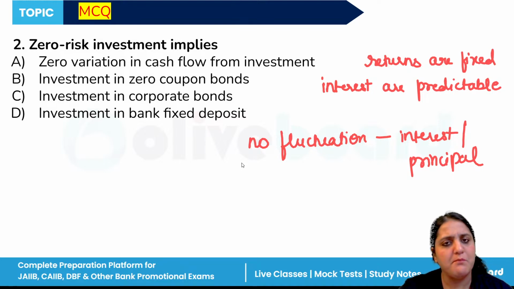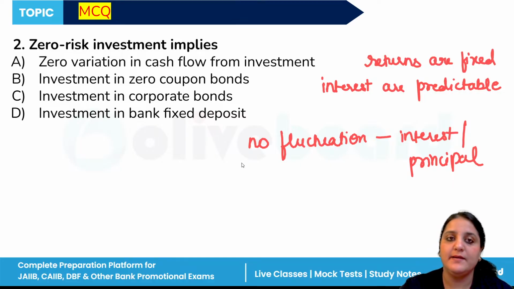Bonds are a type of loan taken by the government and corporates by issuing bonds to investors. Investors buy the bond and provide the loan to the government or corporates.